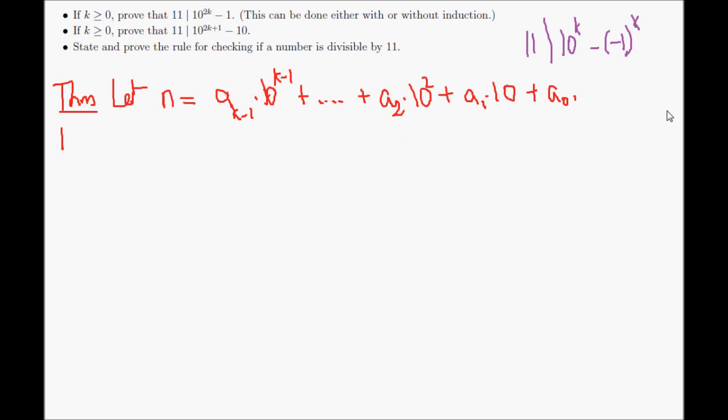And I should write out the base 10 representation of n.